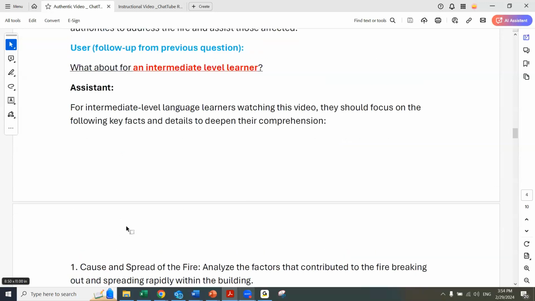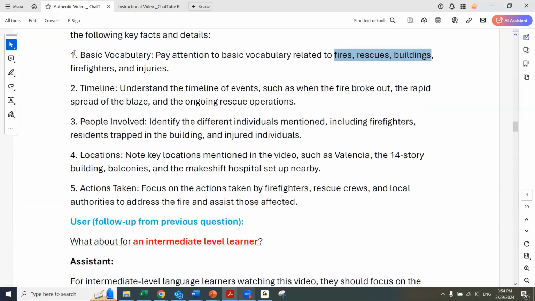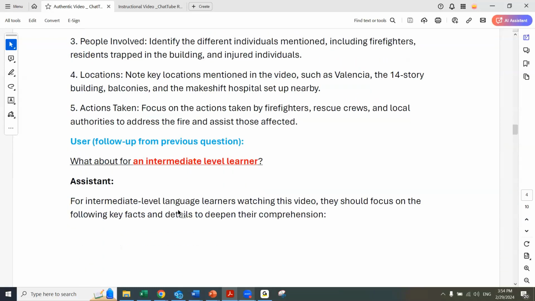So for the novice level, it focuses on basic vocabulary, timeline, people involved, locations, actions taken. So it's like a simple fact check focused on this video.